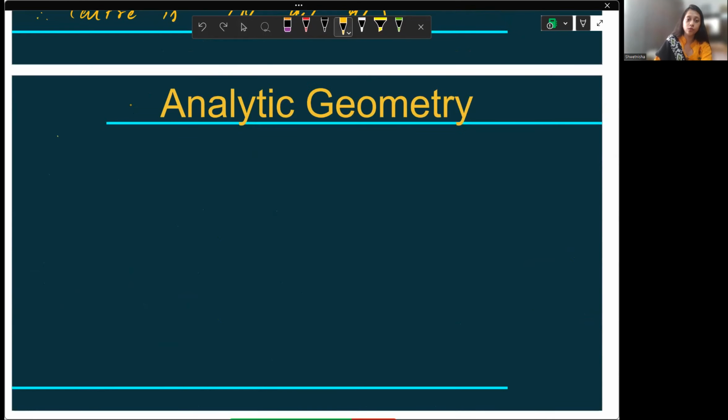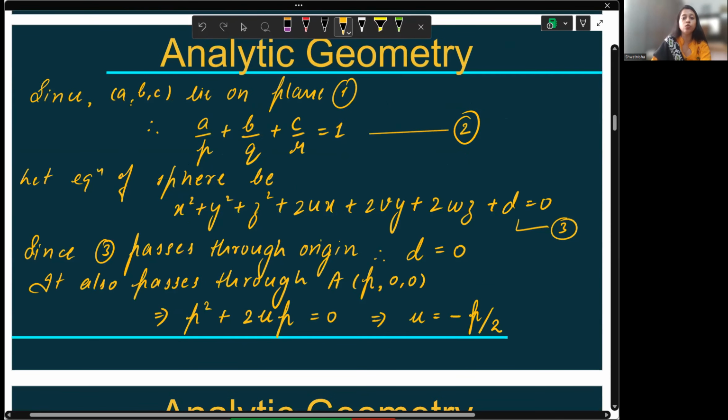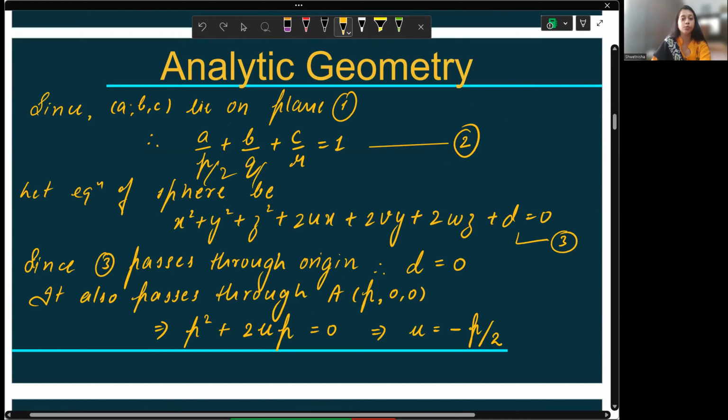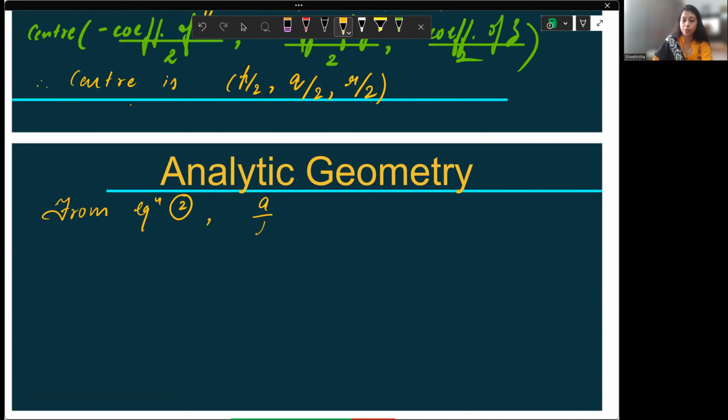From equation 2, equation 2 doesn't have P by 2, Q by 2, and R by 2. Instead, it has PQR. So I'll make it P by 2, Q by 2, and R by 2. How? See, I have A by P plus B by Q plus C by R is equals to 1.